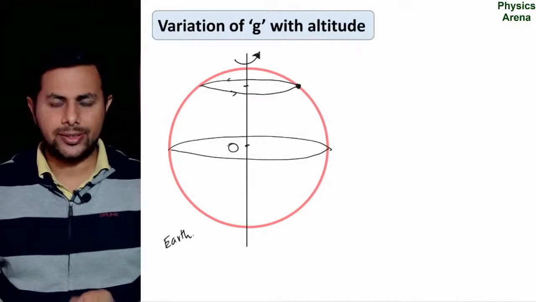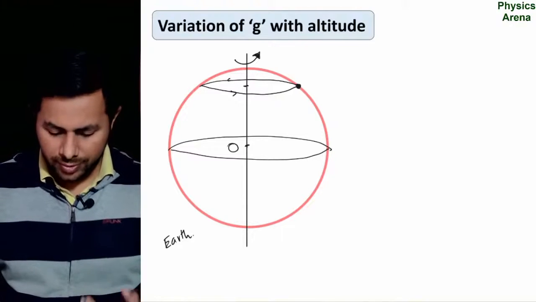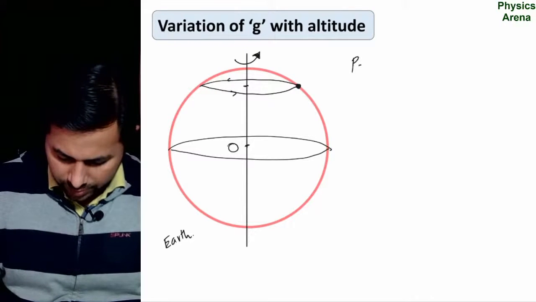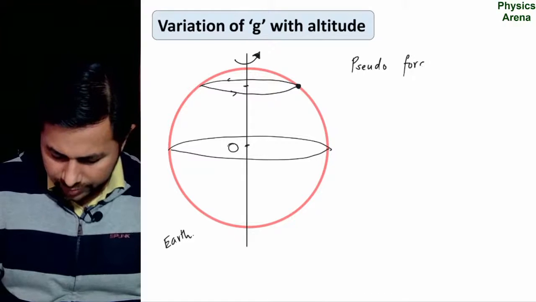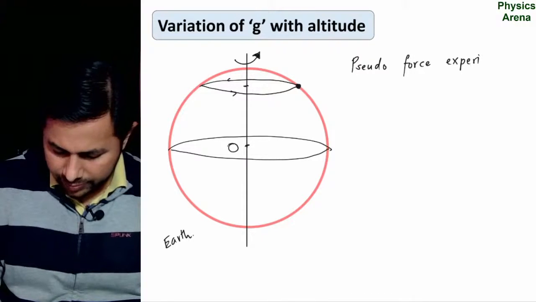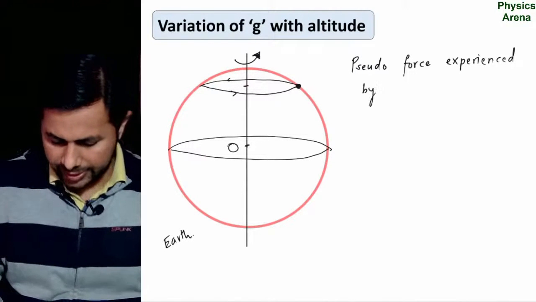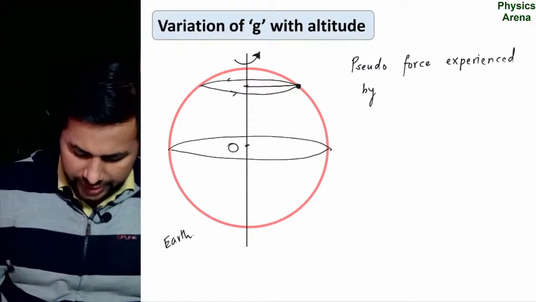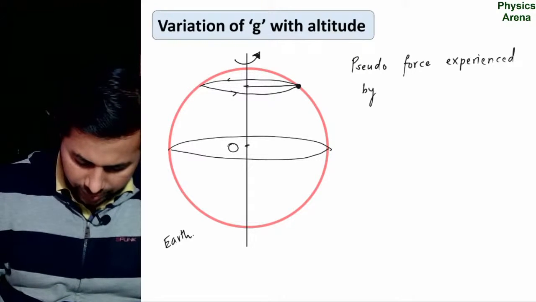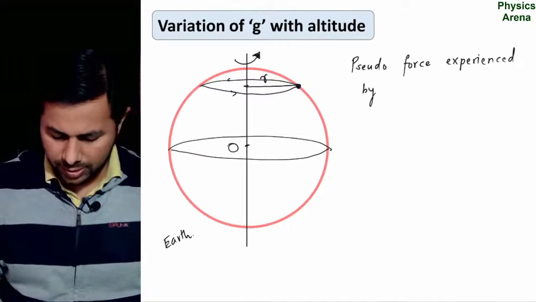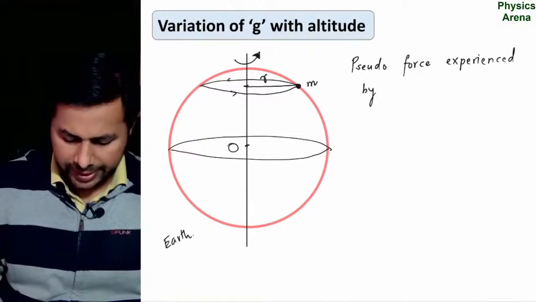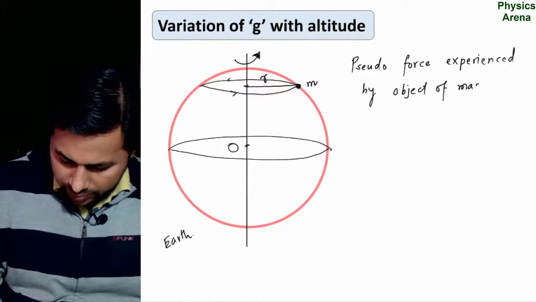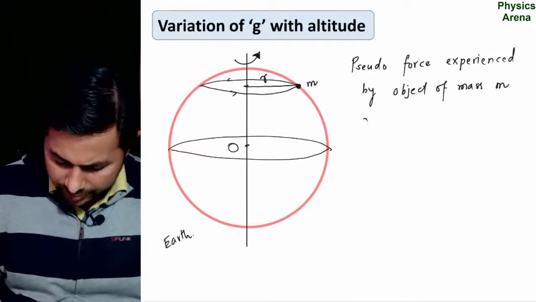So if Earth rotates with angular velocity omega, then the pseudo force experienced by any object, and let's draw its radius, so its radius is, let's say, small r, by this object of mass m, revolving in a circle of radius r.